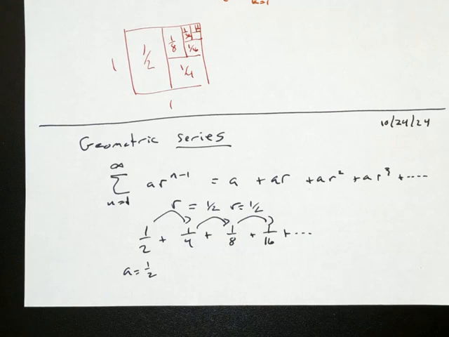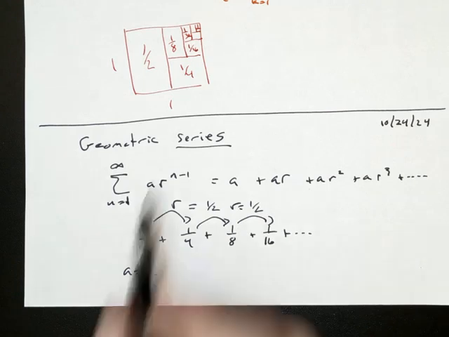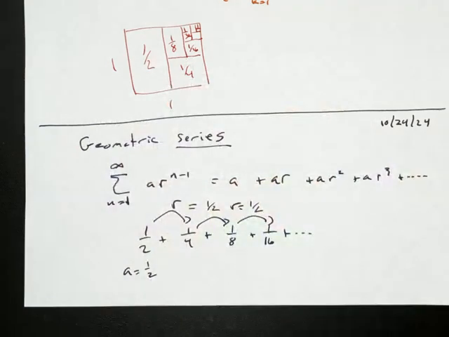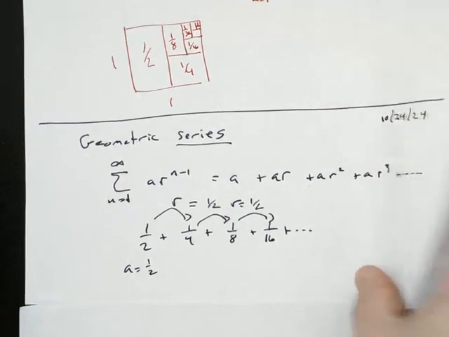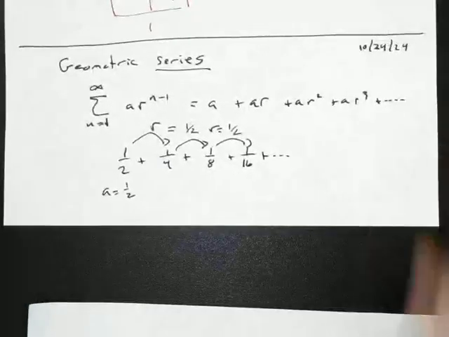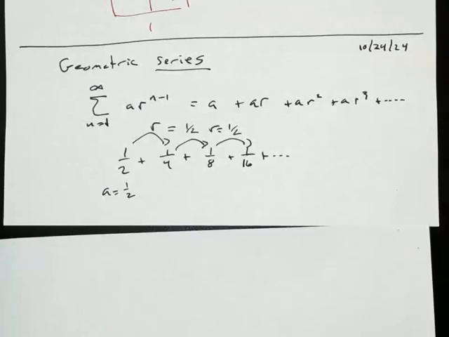So that series illustrated by my box is actually an example of a geometric series. But it could be any ratio R, the ratio between consecutive terms.